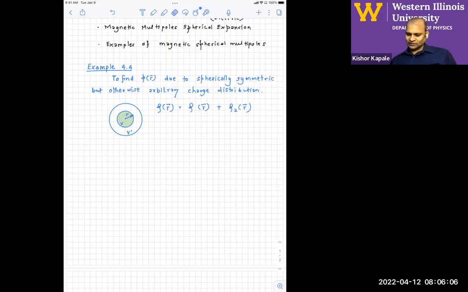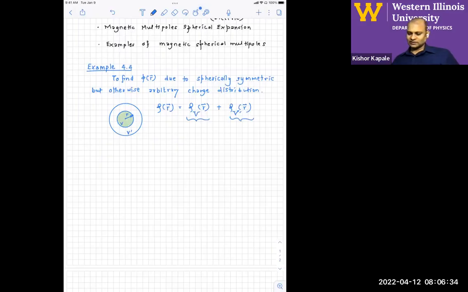Okay, so I'm going to actually split it slightly differently instead of calling it 1. Because you're sitting at the boundary between V and V prime, there would be one contribution that would come from V, which is the charges that are interior, and then there would be a contribution coming from V prime, right? And so which multipole expansion should I use for V and which should I use for V prime?